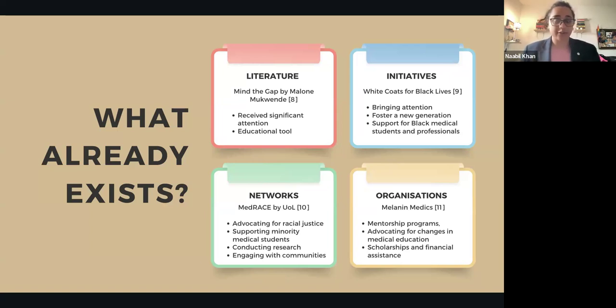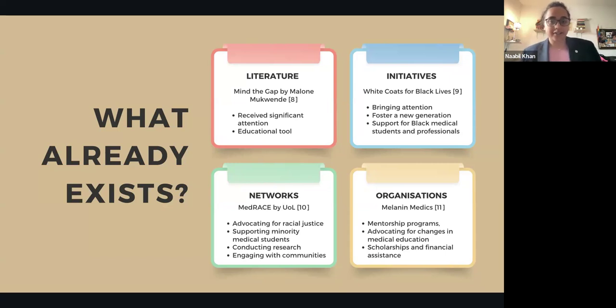They fostered a new generation of medics through mentorship schemes, and they've supported Black medical students and professionals when it comes to accountability training, bystander training, and highlighting any forms of racial discrimination within the workplace or clinical settings. So they've been an incredible organization that have really fostered that idea of mentorship and support within an environment of people who potentially or historically have been marginalized.